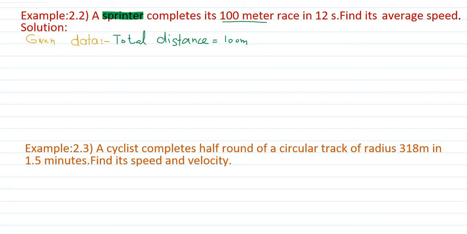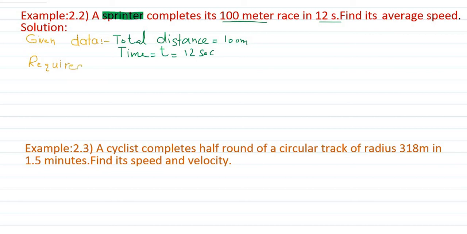Then you can see in 12 seconds, time is given. So here I write time. We denote time with T and that is 12 seconds. Now we write the required data, meaning what is required in this numerical.